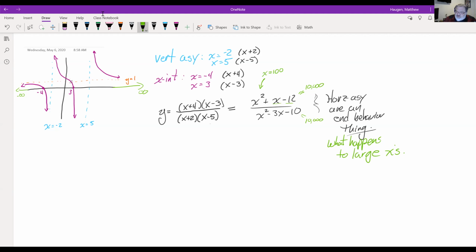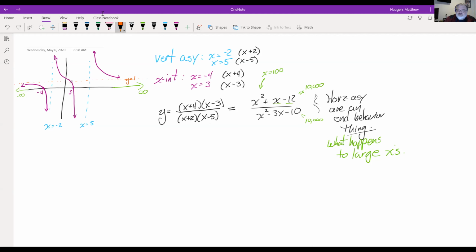So this is going to turn out to be, for large values of x, about 10,000 over 10,000, and 10,000 over 10,000 is 1. Hence this thing leveling off toward 1 as we get larger and larger values of x.